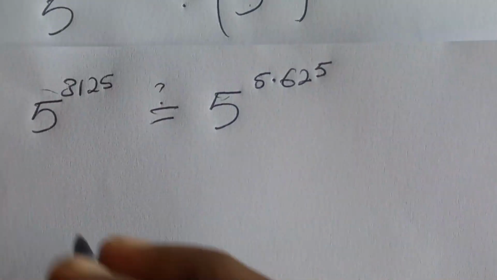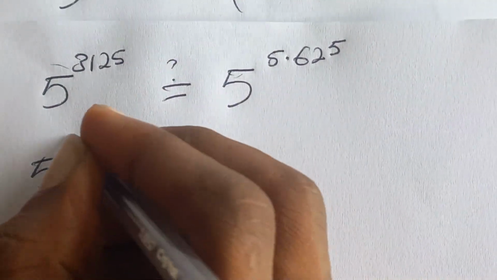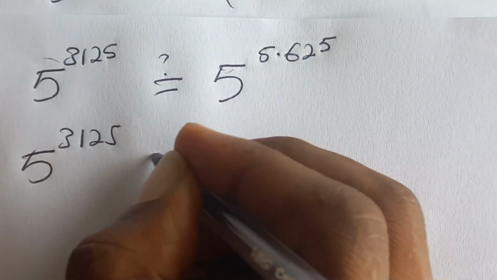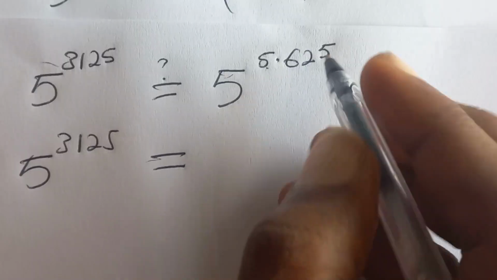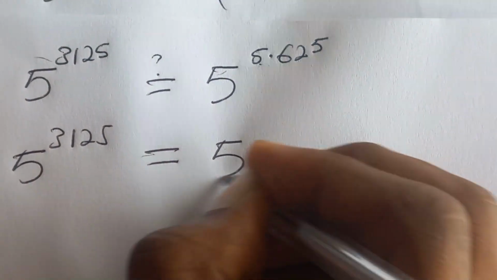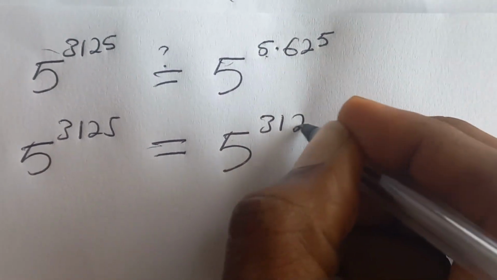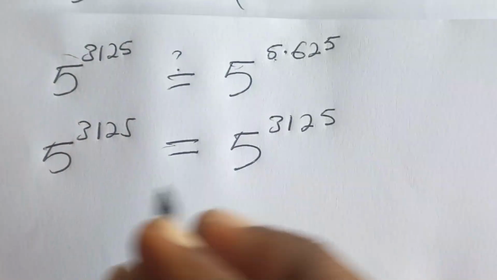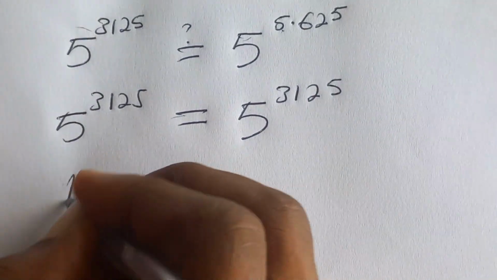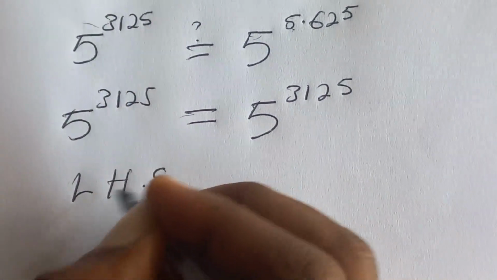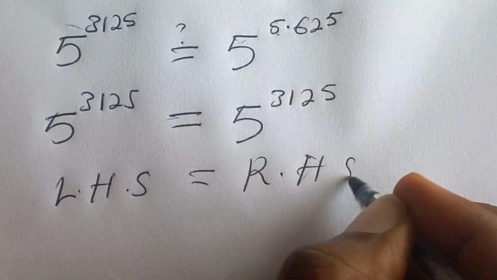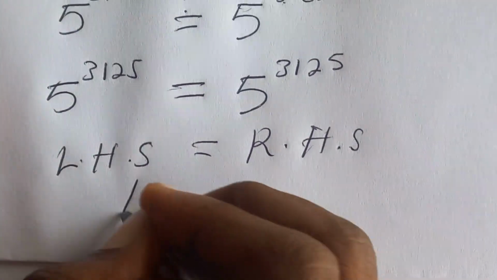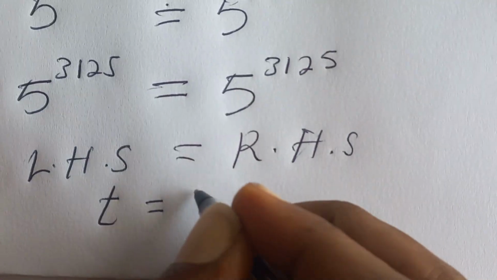So 5 exponent 3125 is equal to 5 exponent 5 times 625, which is the same as 5 exponent 3125. Okay, so it means that the left hand side is equal to the right hand side. So our t is indeed 3125.